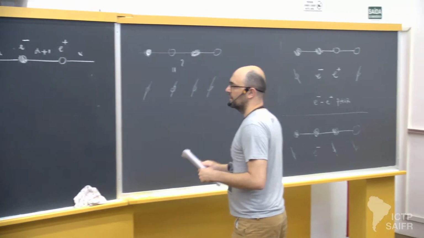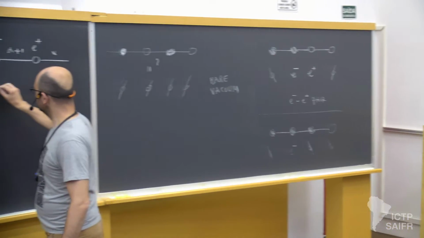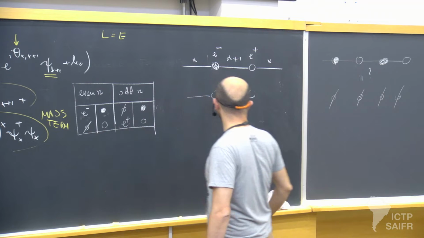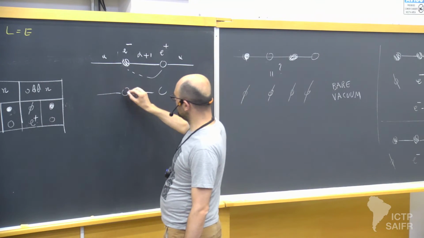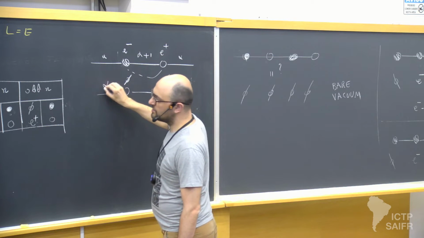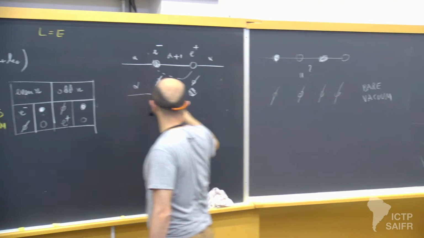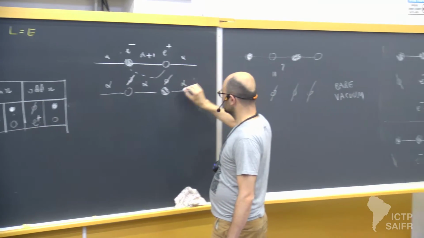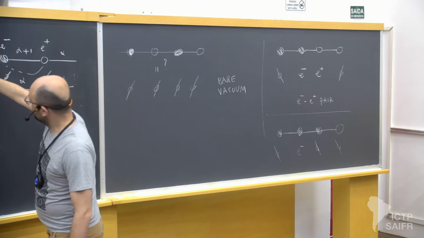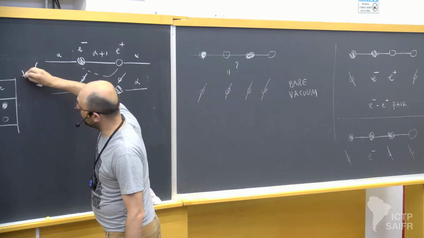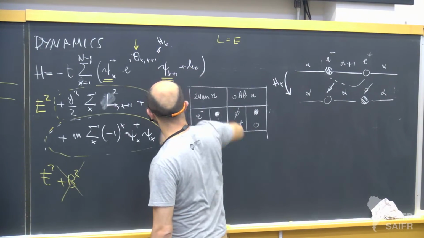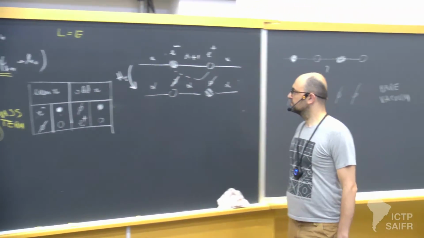So this term is tunneling or exchanging this particle. This implies that here there will be nothing, here there will be something, but of course this is like a vacuum. And we will change the value of the electric field in the middle, and make it equal to alpha. So this is the application of this term on top of this state.